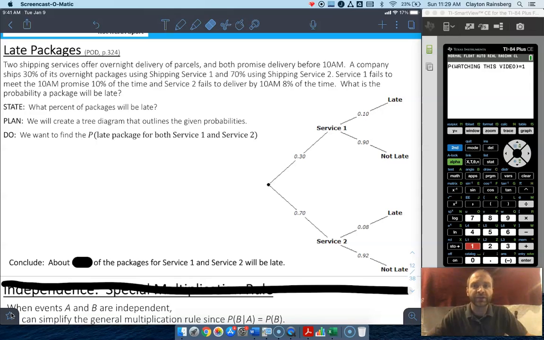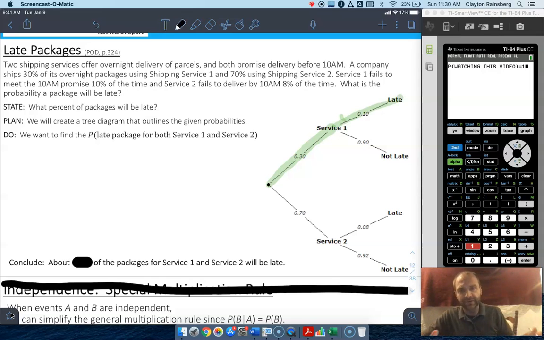What's the probability a package will be late? So if I'm looking at this, I have to pair these together. I have to figure out what we are trying to figure out: a late package for both service 1 and service 2. Well, here's service 1. 30% of the packages are delivered using service 1. And of that 30%, 10% are going to be late.